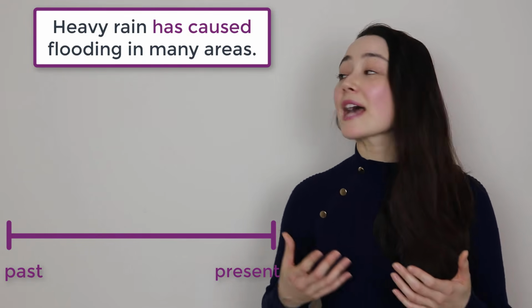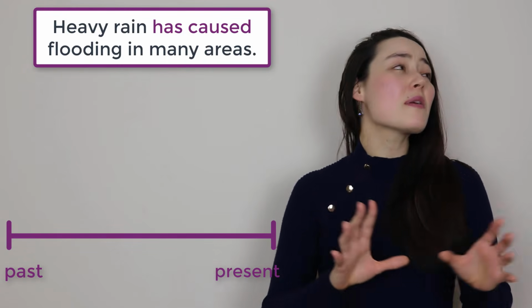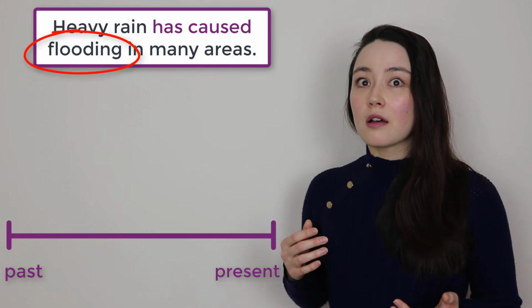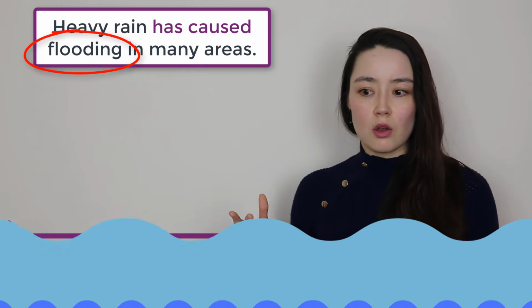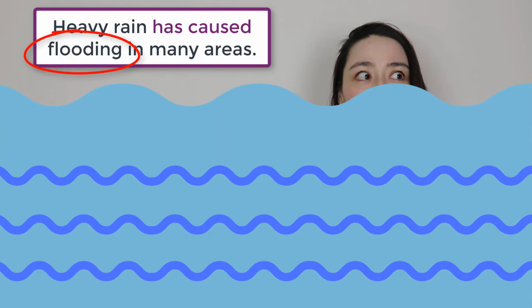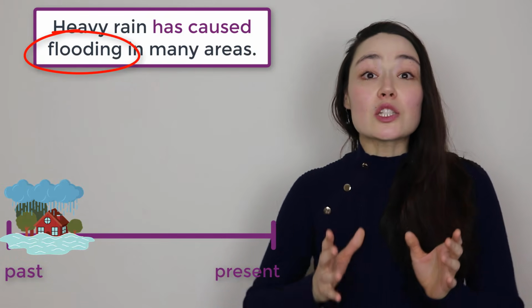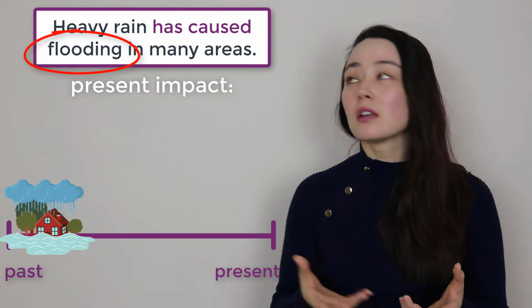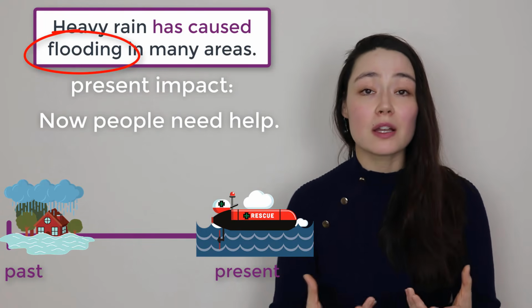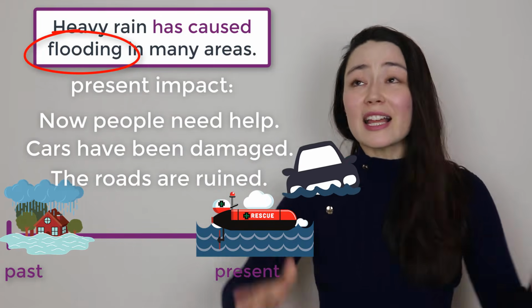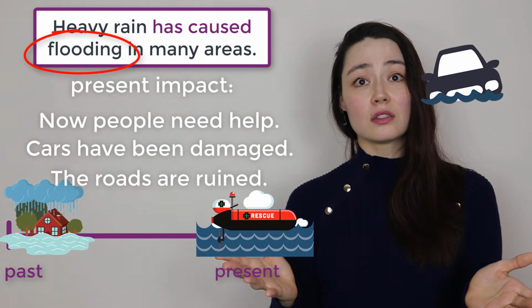Heavy rain has caused flooding in many areas. What's flooding? Flooding is when water gets too high. It started raining in the past. Now, what's the present impact? Now people need help. Cars have been damaged. The roads are ruined. Let's continue.